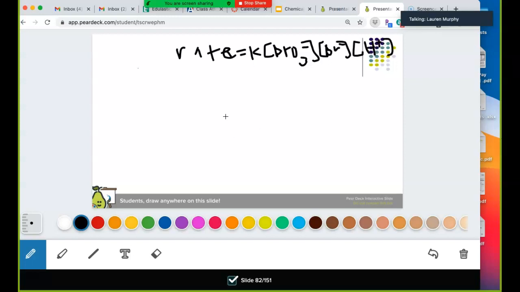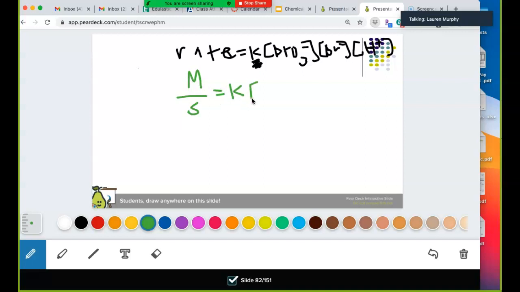What are the units for, so you want to just find the rate law constant's units. The units for a rate is molarity over seconds most of the time. Concentration over time. And then we have K.